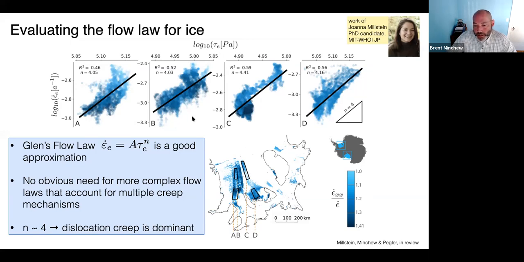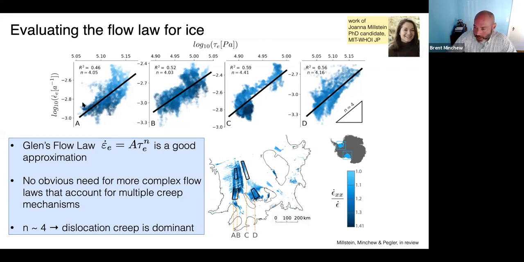What we find, again, grabbing these general regions where we would argue that our model and the simplifying assumption are applicable, is that in all of these regions we see something that is reasonably approximated as a linear trend between the log of the deformation rate and the log of the stresses that are driving that area, which is to say that Glen's flow law, at least in the areas that we're looking at, turns out to be a very good approximation.